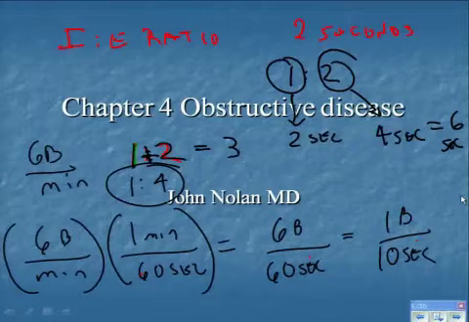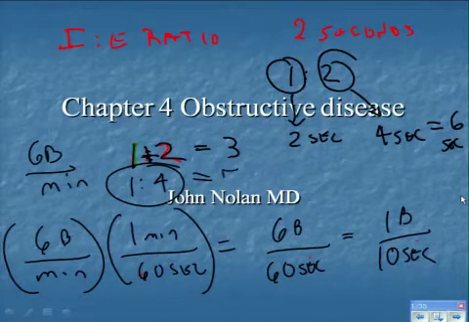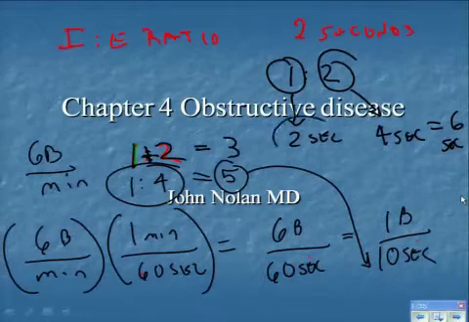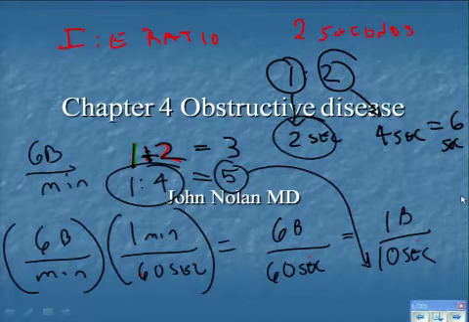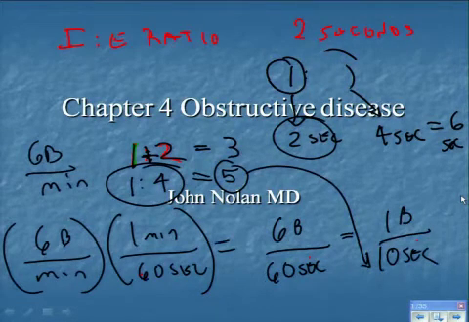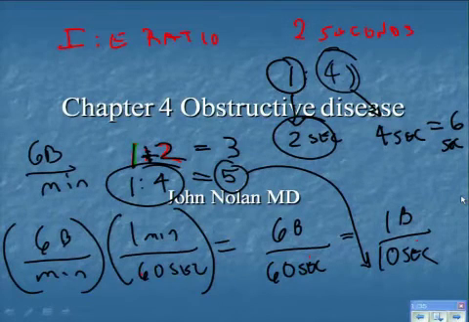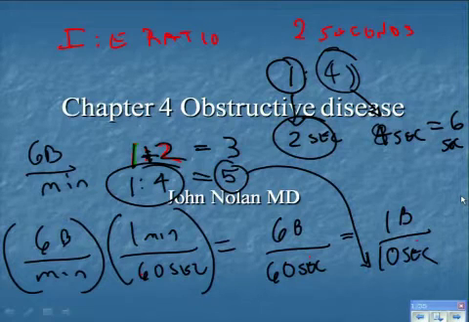That gives me how many units? 5. 5 goes into 10 two times. So I'm still spending 2 seconds of inspiration, but because I changed the ratio to 4, 4 times 2 is 8 seconds, which gives me a total of 10 seconds.